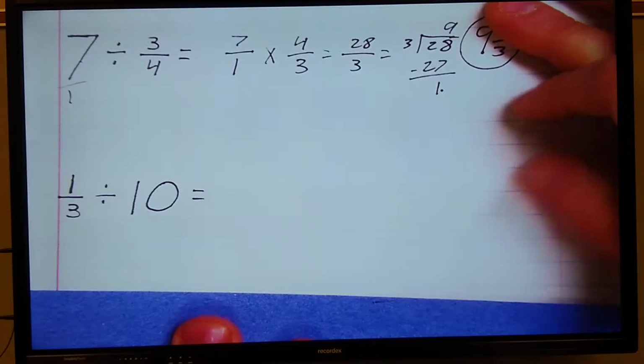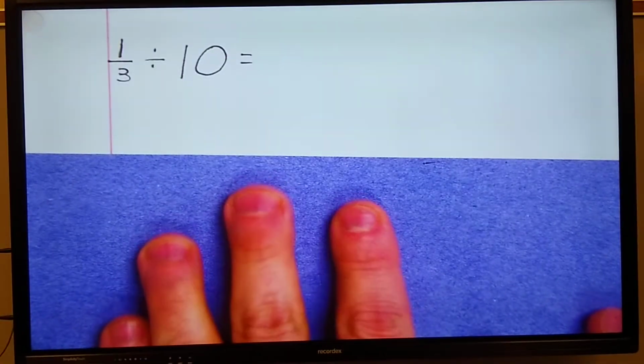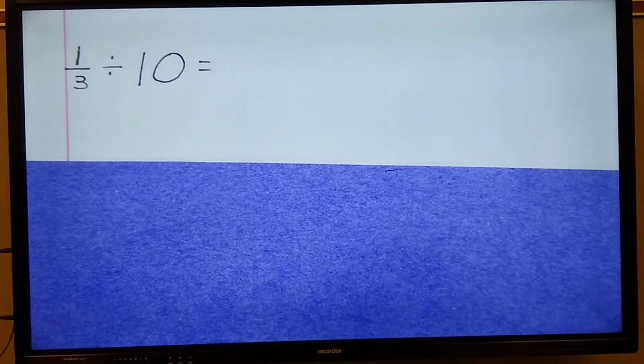All right, let's see if you remember what to do when the whole number is your divisor. Remember, there's 2 things you'll have to do. Solve that problem now. Pause the video. All right, let's see how great you did.